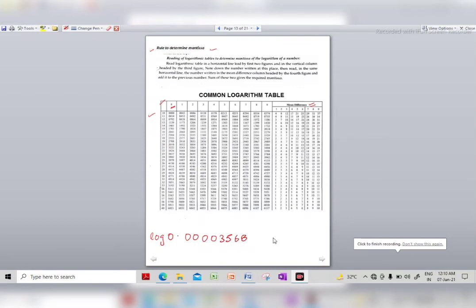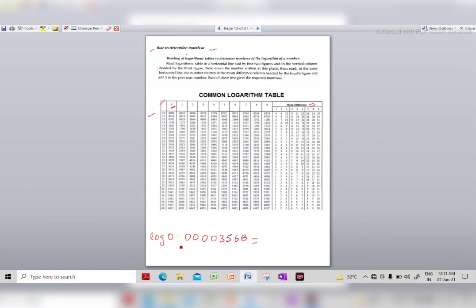Students, now let us take one last example based on this topic of logarithm. Now we'll take an example of the second case where the value on the left of the decimal part is less than 1. Suppose we have to find the value of log of 0.00003568. First we'll check the characteristic part. As per the second rule, the value on the left hand side of the decimal is less than 1.